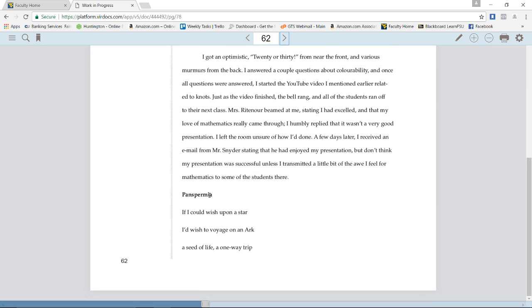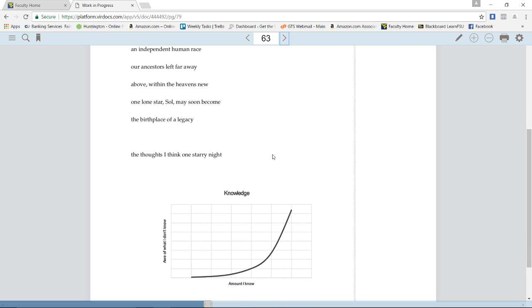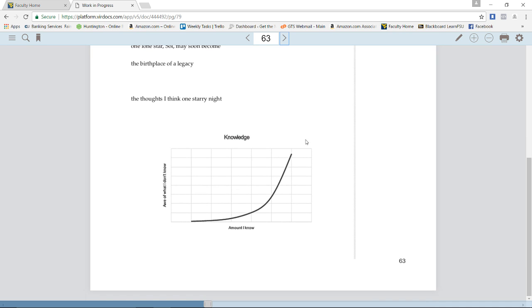And then here at the bottom of 62, he has a poem. Presumably he himself created it because he doesn't attribute it to anybody else. So he has this weird little poem here that you may or may not understand, but that's okay if you don't understand it. That would be something you could discuss on the discussion board, or even in your journal to me. Here's an example of using a chart where he shows an old saying.